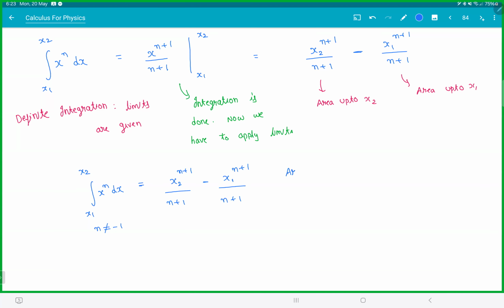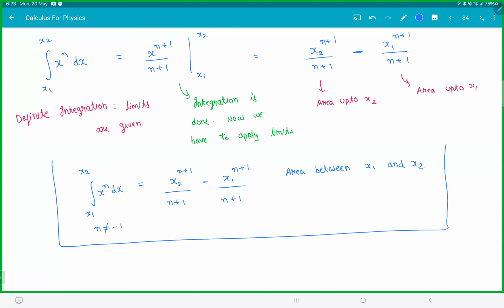So this is the area between x1 and x2. That is how you apply limits. The formula is the same as indefinite integration. First put the upper limit, then put the lower limit, because you always do final minus initial. Then subtract them, and that will give you the area under the curve. Let me show an example of how it looks.